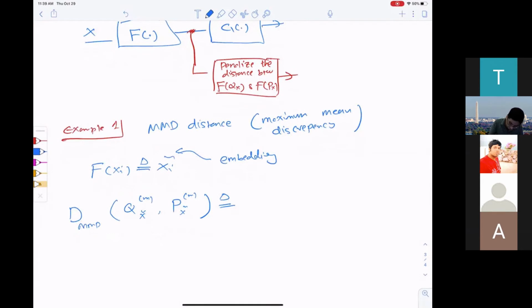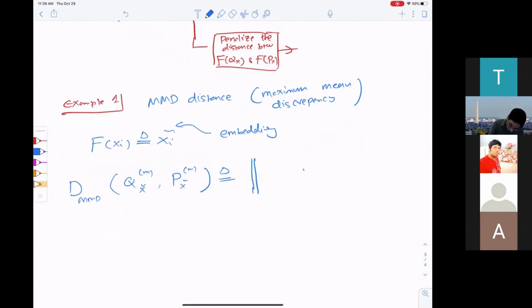So it is a very simple distance. I'm going to pick a function phi, whatever function that you like, and apply that function on my source samples, and look at the average of the values that I get over my source samples. And I would apply the same function on my target samples and look at the average of the values that I would get.